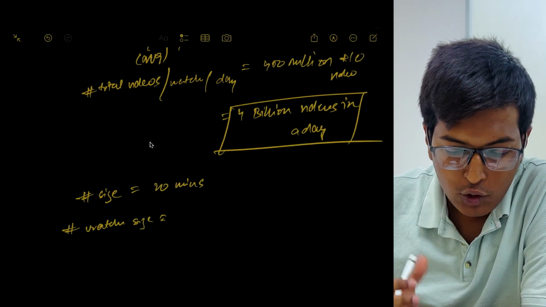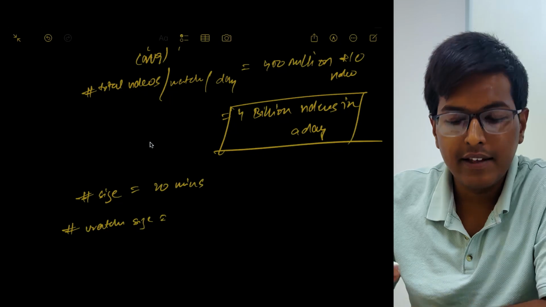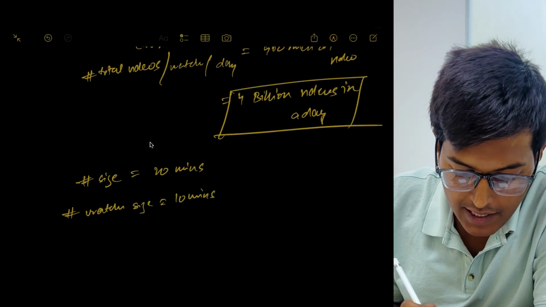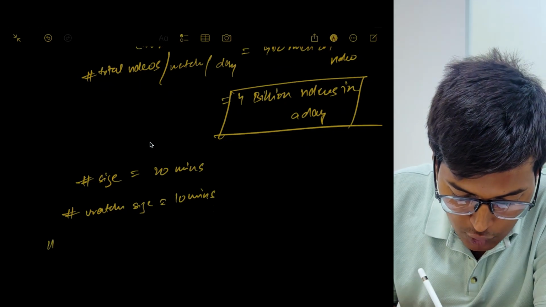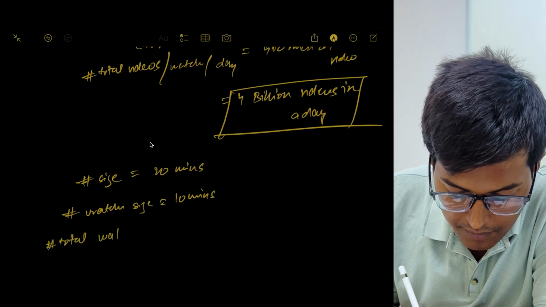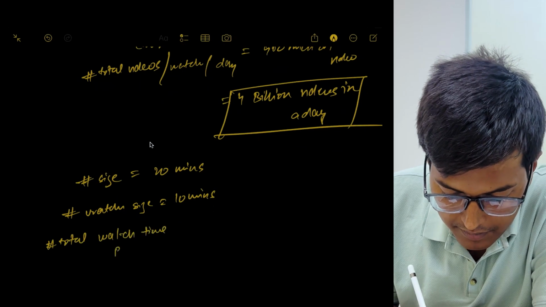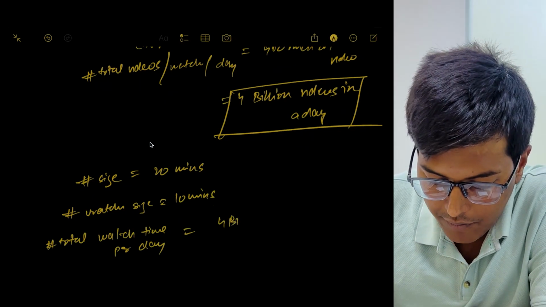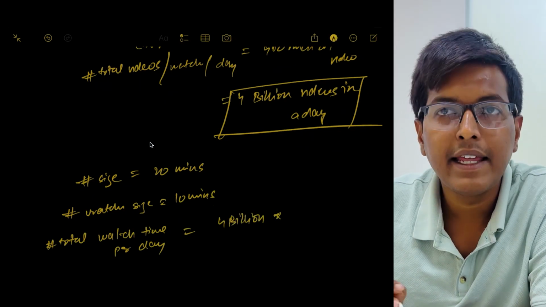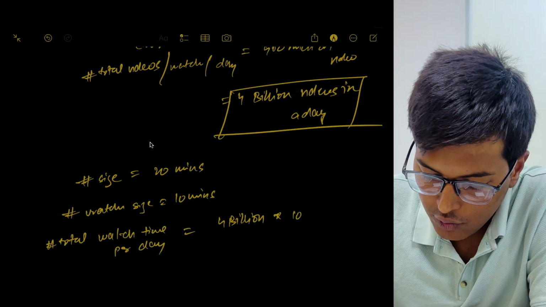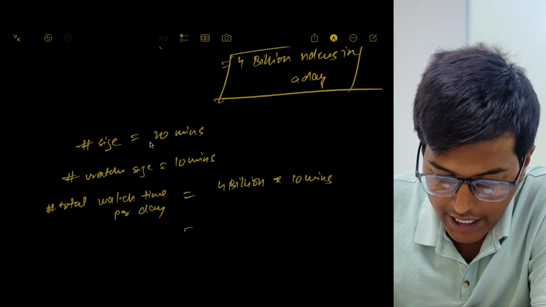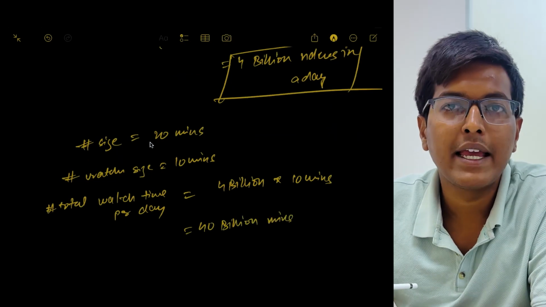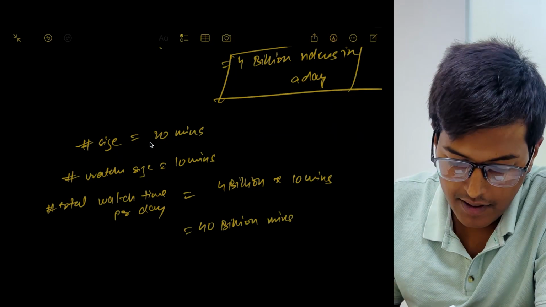So let's say the video watched is on average 10 minutes worth of time, right? Then how much is the total watch time per day? The watch time per day will be 4 billion videos in a day into 10 minutes of each video. So that will be 40 billion minutes of watch time each day, right?